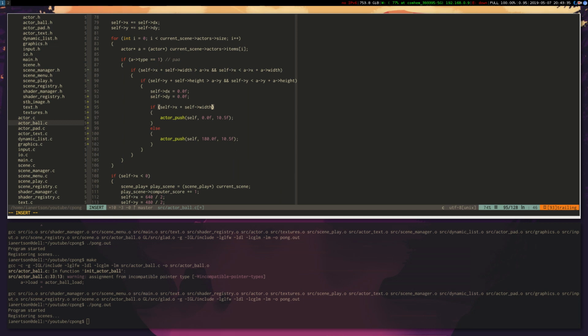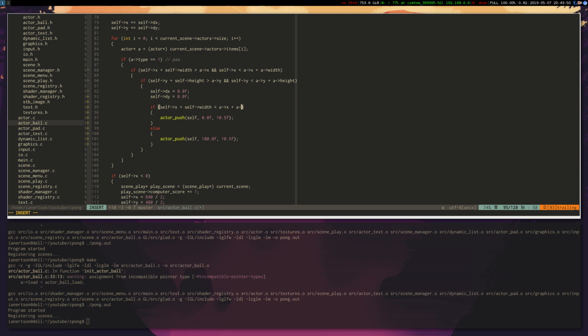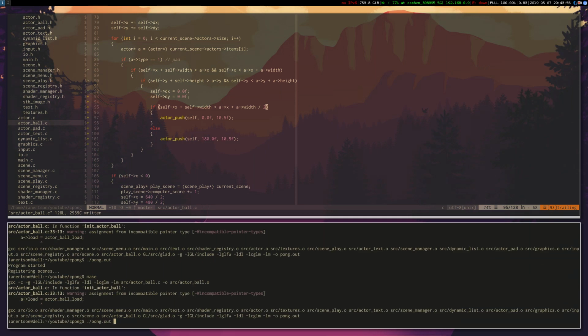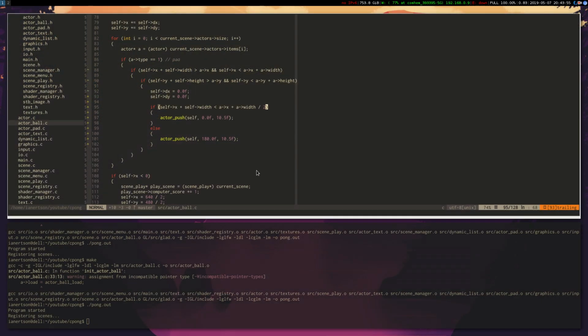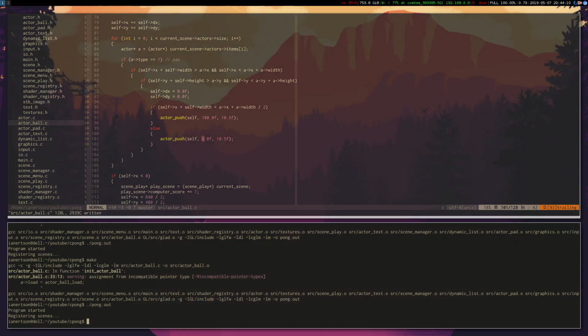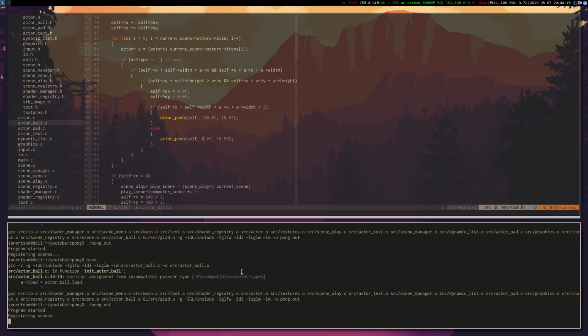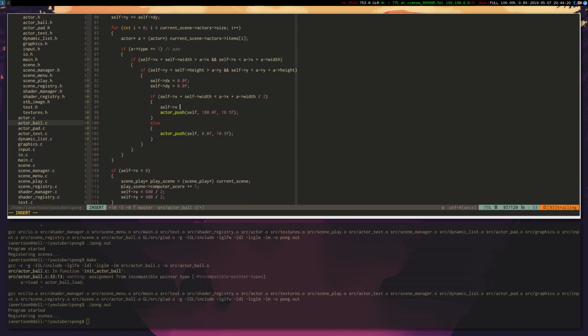Then self x is equal to ax minus self width.